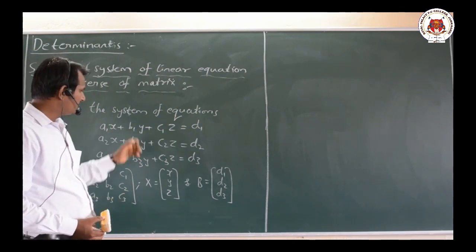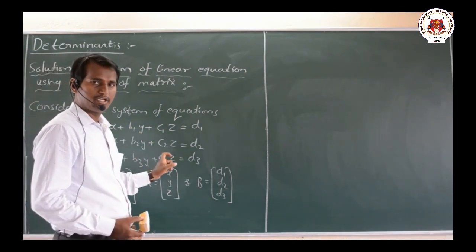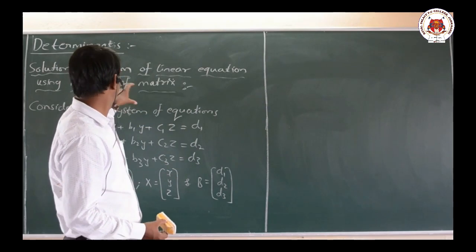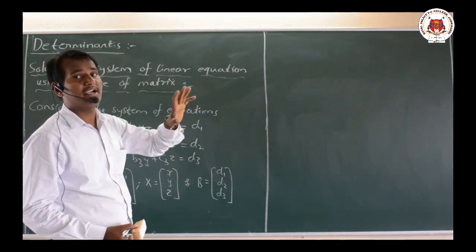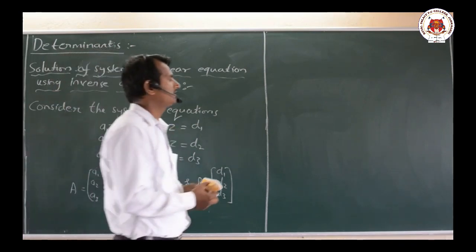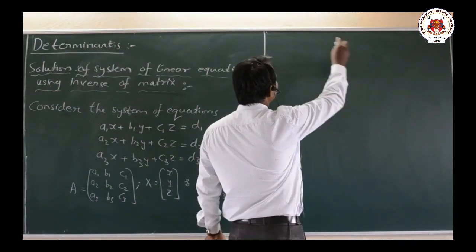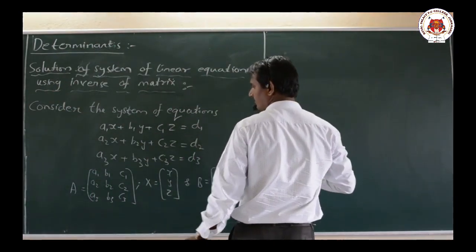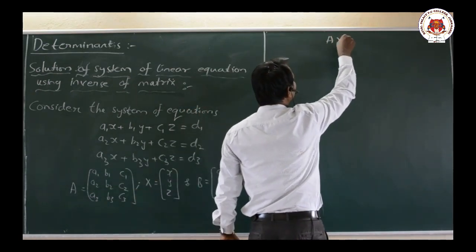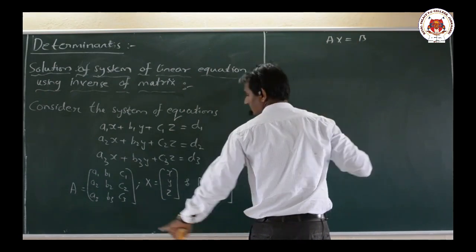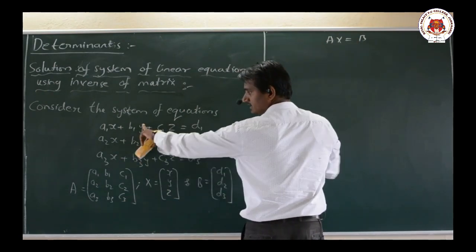Now here, the given system of equations we are solving by making use of the inverse of the matrix, or else we also call it the matrix method. What actually is that method? AX equal to B. After multiplying A into X, we get the system of equations.